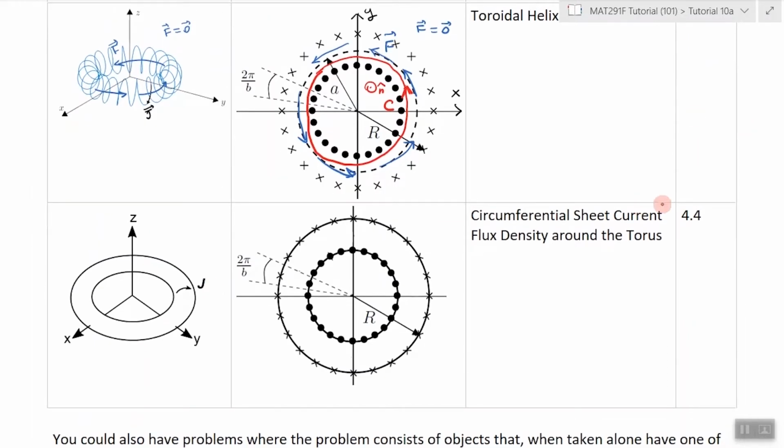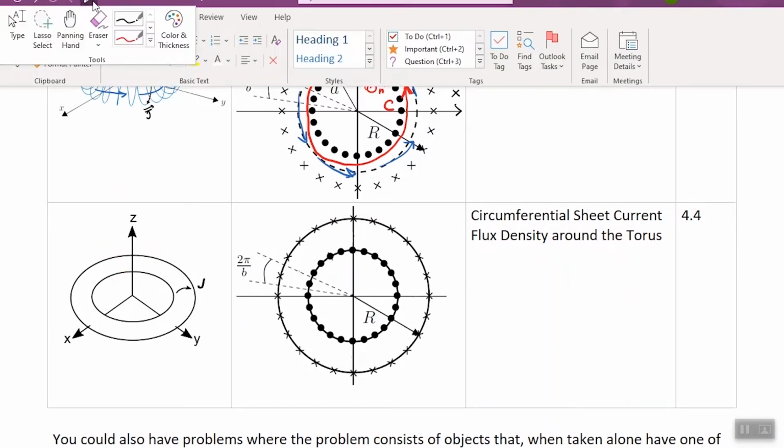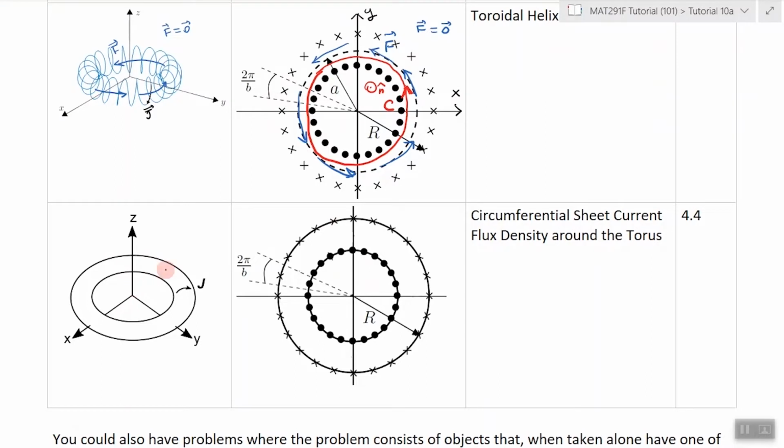In the same section, there is a discussion about circumferential sheet current flux density that's going around a torus. So it's exactly the same kind of situation. The only difference is that instead of having a helix with wires, you would have a surface current that's going on this shell like this.